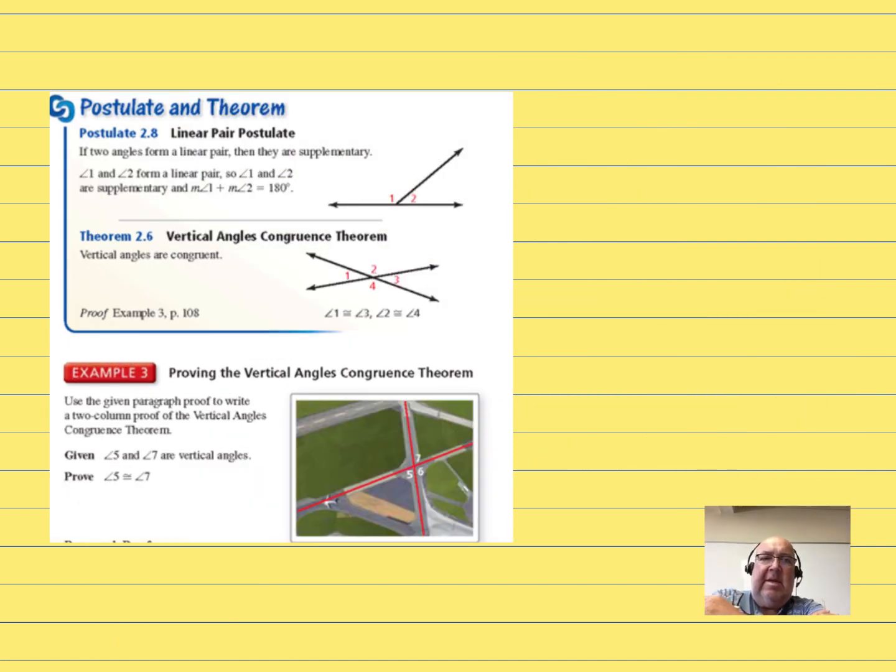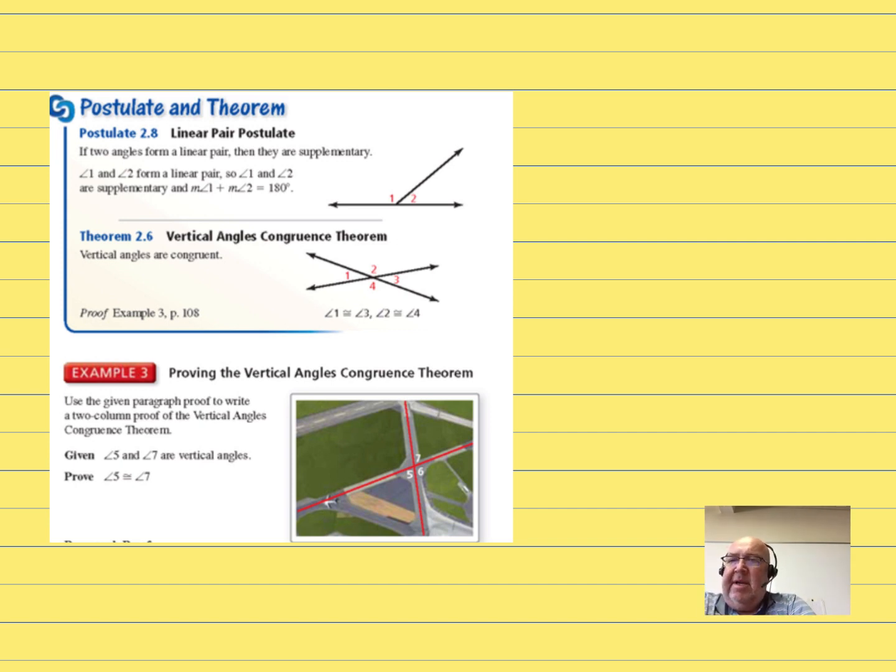Alright, here we have the linear pair postulate saying that angles 1 and 2 form a linear pair, so angles 1 and 2 therefore are supplementary and add up to 180 degrees. And then vertical angles are congruent because of the same thing, and we're going to prove that.